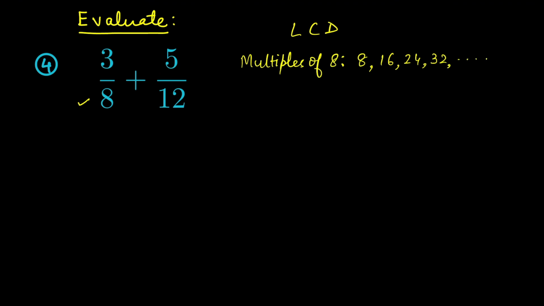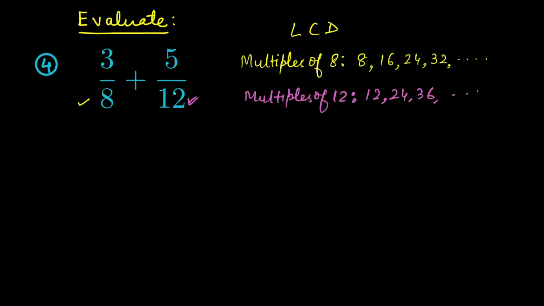We'll write 4, and if required we'll write more. Then the second denominator is 12, so we write multiples of 12. 12 times 1 is 12, 12 times 2 is 24, 12 times 3 is 36, and so on.